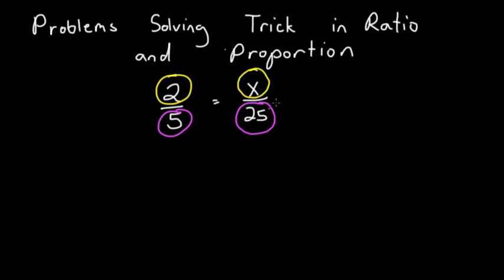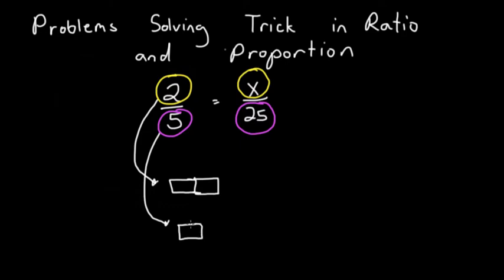This is the trick. What you want to do is to represent this given ratio into boxes. So this ratio, which means 2 is to 5, we can actually represent them using boxes, wherein we have 2 boxes is to 5 boxes. So let's pause here for a little bit.